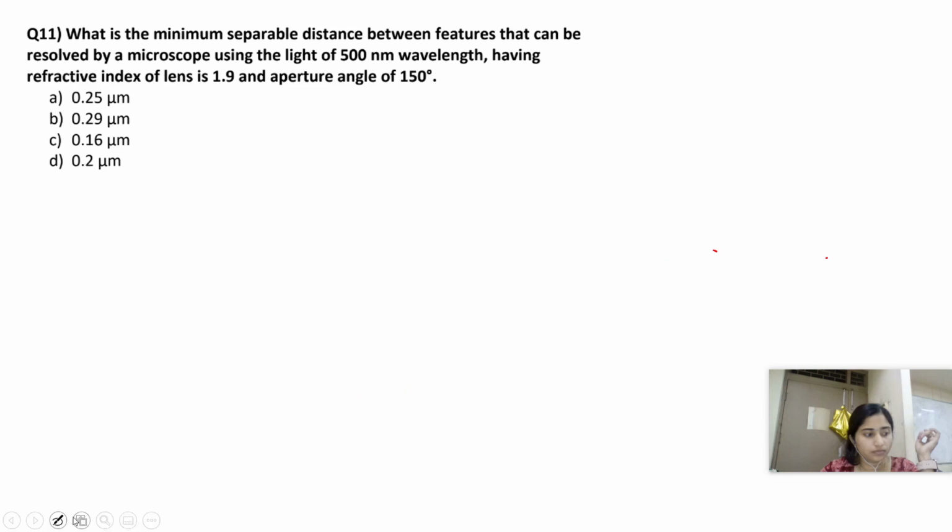The aperture angle is alpha and in our equation sin theta will be alpha by 2. Okay, fine, semi aperture angle. Yes, this alpha by 2 is basically the semi aperture angle. Yes, correct.